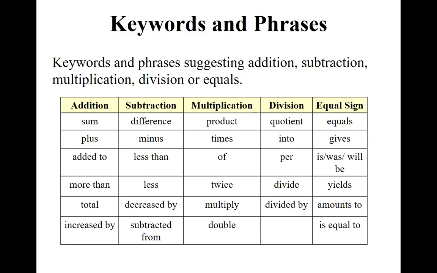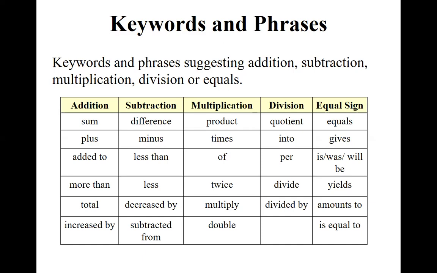And when we say subtracted from, for instance, 7 subtracted from 9, we're starting with 9 and we subtract 7 from that. Back to one where order doesn't matter: multiplication, product, times, of, twice, multiply, double. Then back to order mattering: division, words like quotient, into, per, divide, divided by.